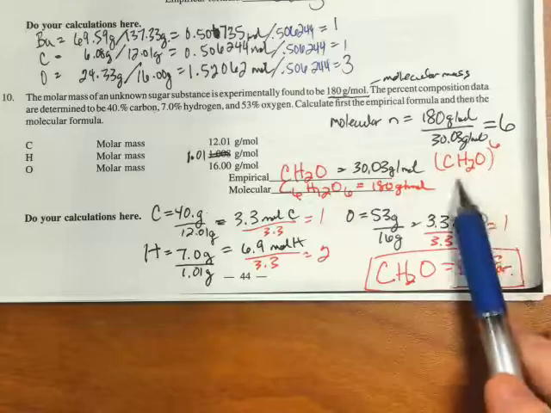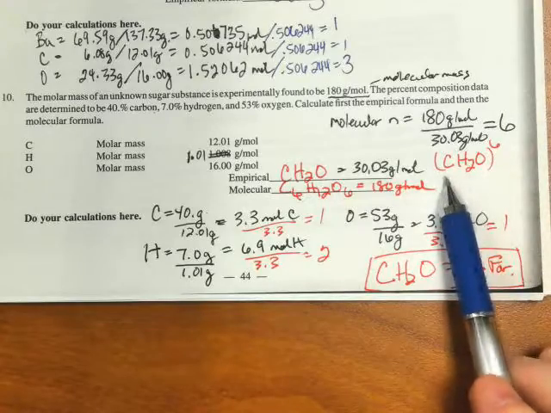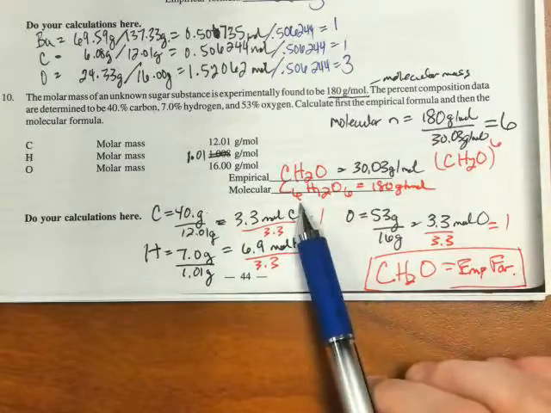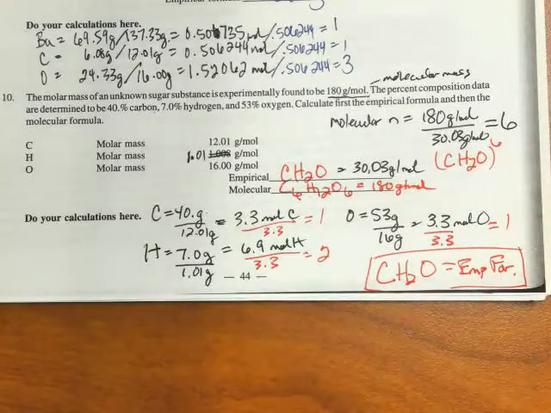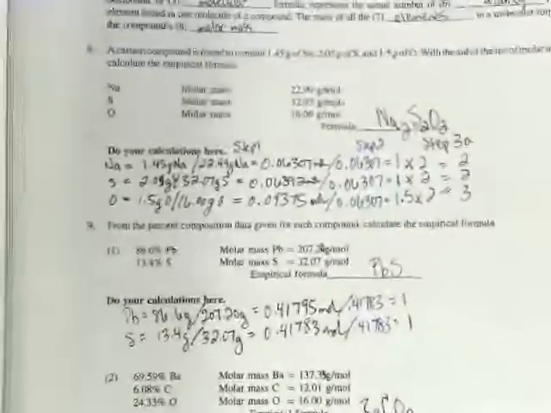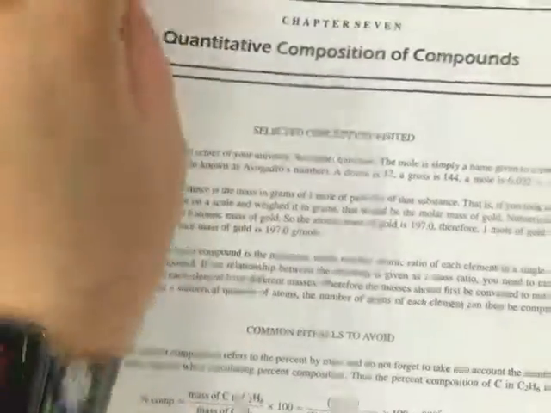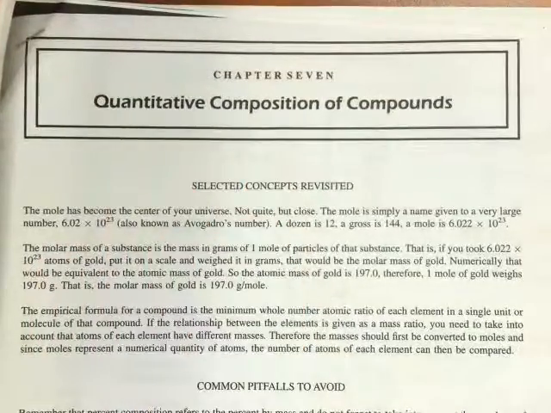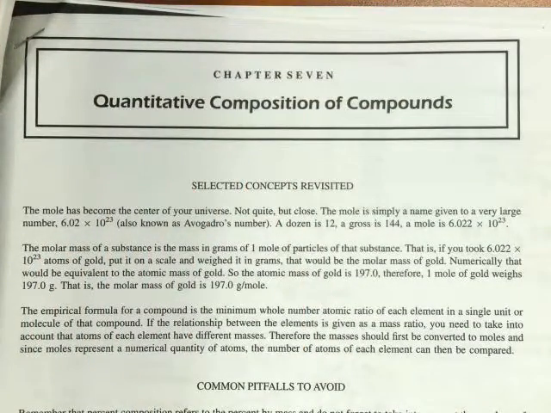Once you get that whole number, you're distributing that to all of the elements. So we actually get C6H12O6. All right, so I hope this has helped you with mole to mass to mole, molar mass calculations, empirical formula, and molecular formula. So this covers all of Unit 7, quantitative composition of compounds.